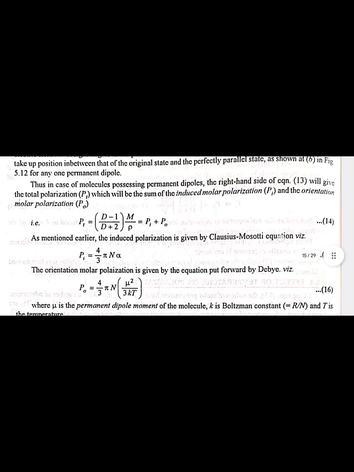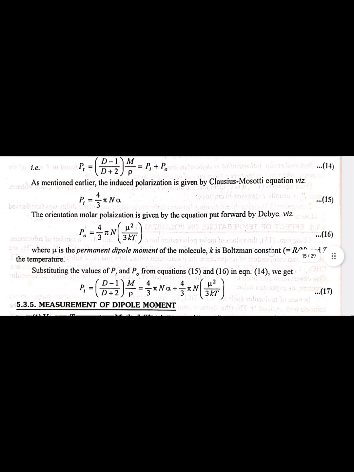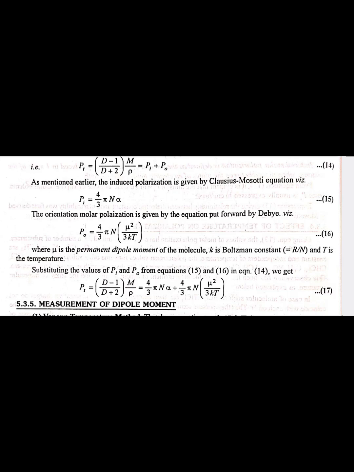Thus, in case of molecules possessing permanent dipole, the right side of equation 13 will give the total polarization Pt, which will be the sum of the induced molar polarization Pi and the orientation molar polarization Po. That is, Pt = (D − 1)/(D + 2) · M/ρ = Pi + Po.